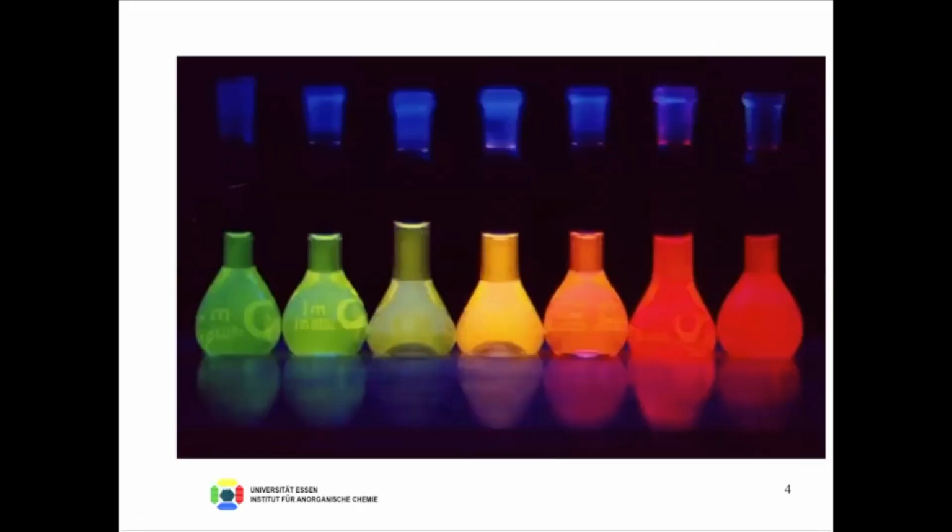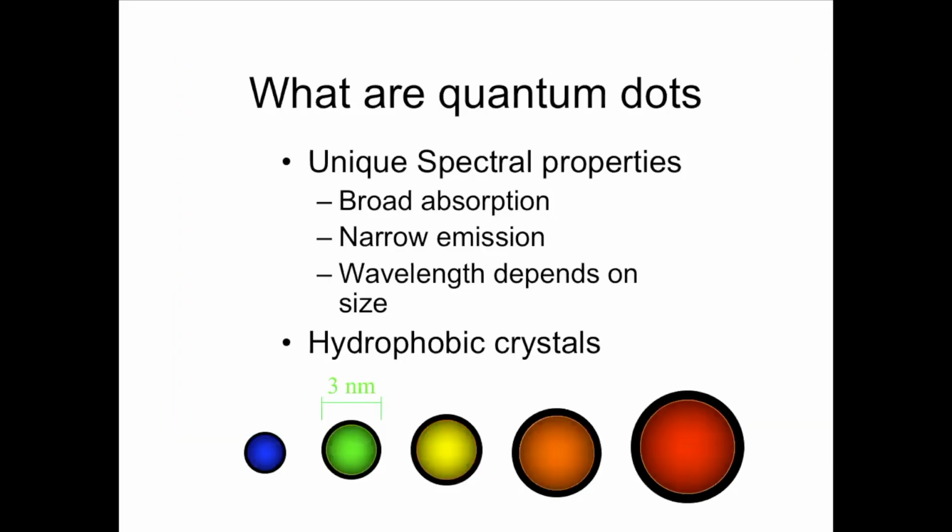But the interesting thing is that the luminescence of a quantum dot is size dependent. You may know that there is on the market a certain type of television where the emitting units are quantum LEDs, light emitting diodes containing quantum dots.